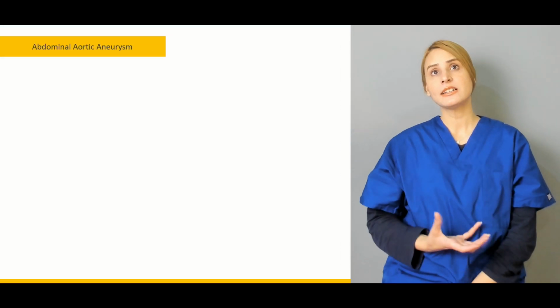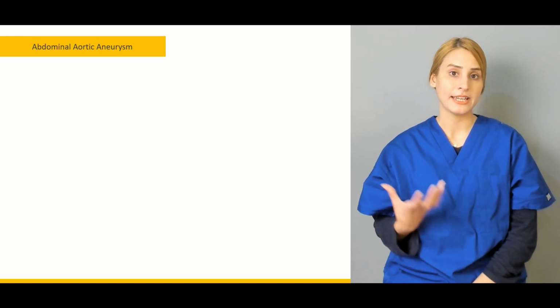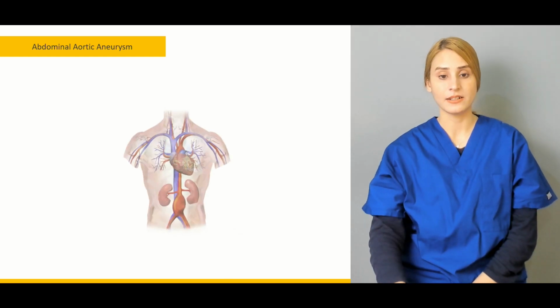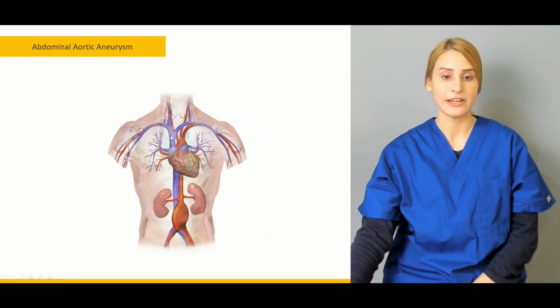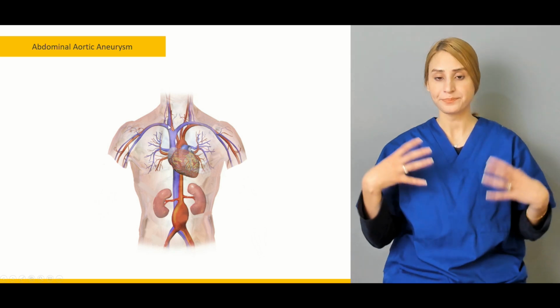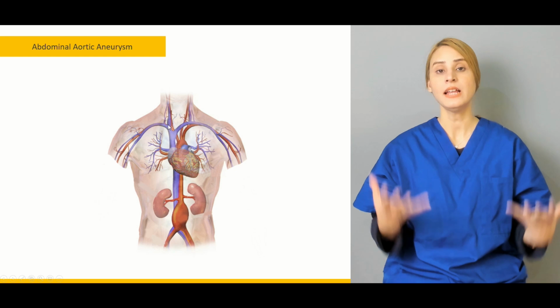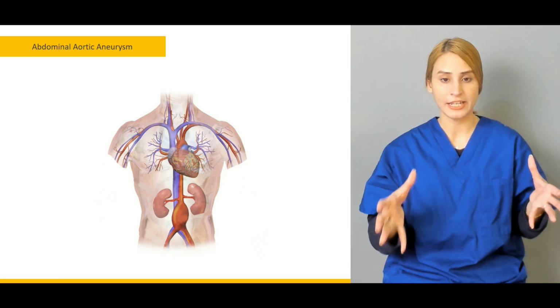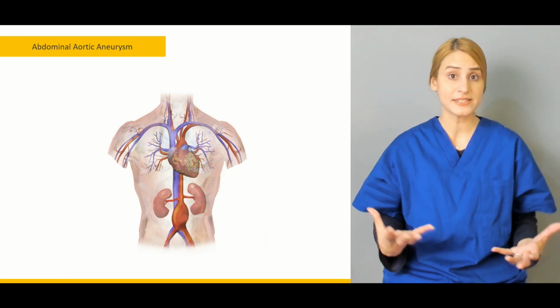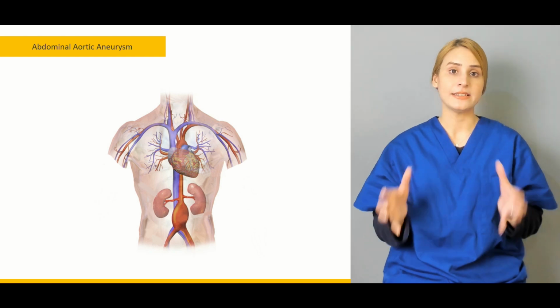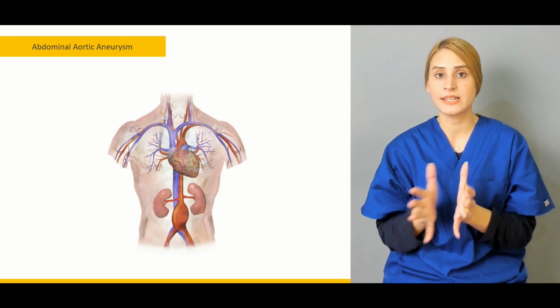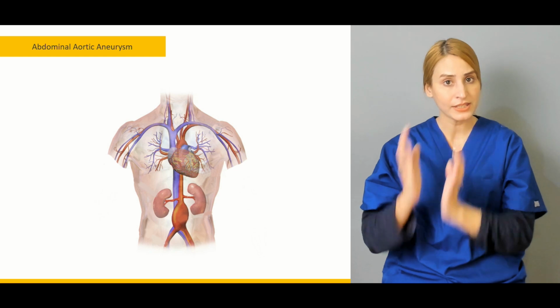So if we particularly talk about the abdominal aortic aneurysm, you could appreciate in this diagram that most of the time they're most common in males, usually middle-aged males who are chronic smokers, because actually smoking is the main culprit behind it, and it weakens the wall.